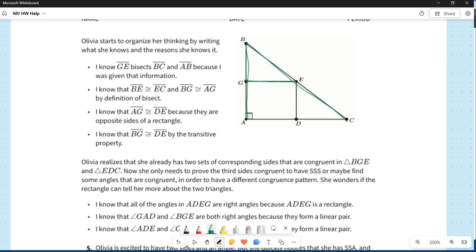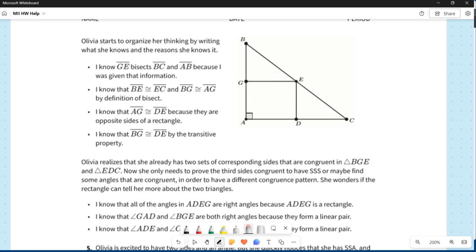Olivia's teacher told her that this is true. So if you think back to the first lesson in this unit, this would be an example of knowing something by authority. In this case, the teacher is considered an authority, and the teacher is telling Olivia that GE bisects BC and BA, and so Olivia and we know that that is true from authority.